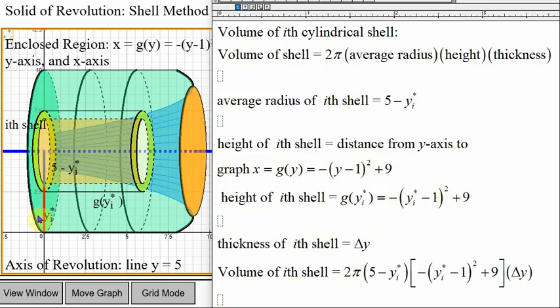All shells will have the same thickness, so let's call it delta y. Therefore the volume of the ith cylindrical shell is 2 pi times the average radius times the height times the thickness. So we get 2 pi times 5 minus y sub i star times negative y sub i star minus 1 squared plus 9, and then the thickness is delta y. This is the volume of this ith shell.